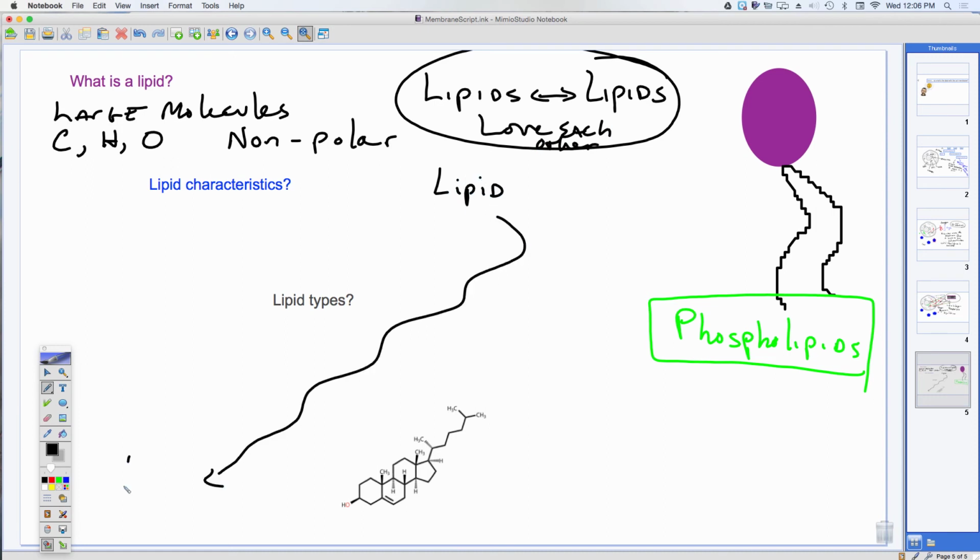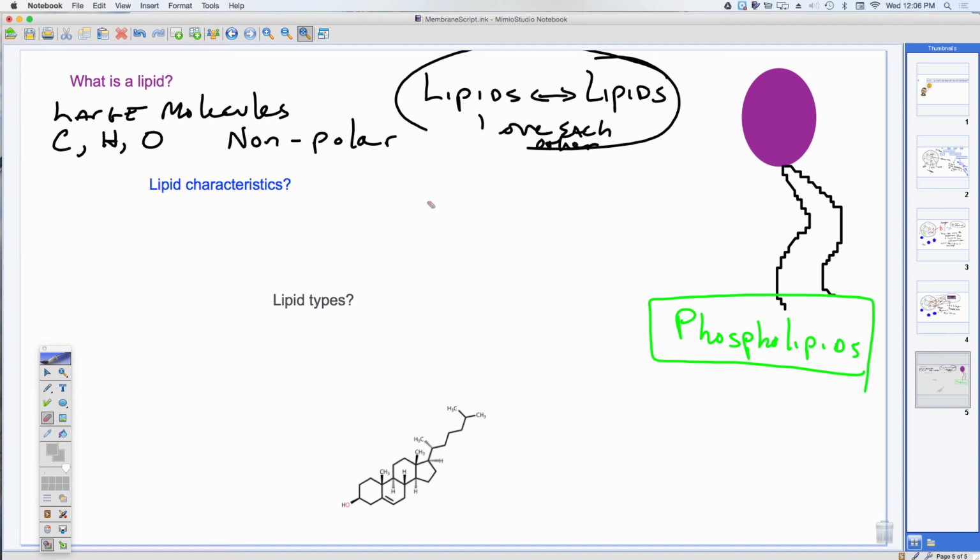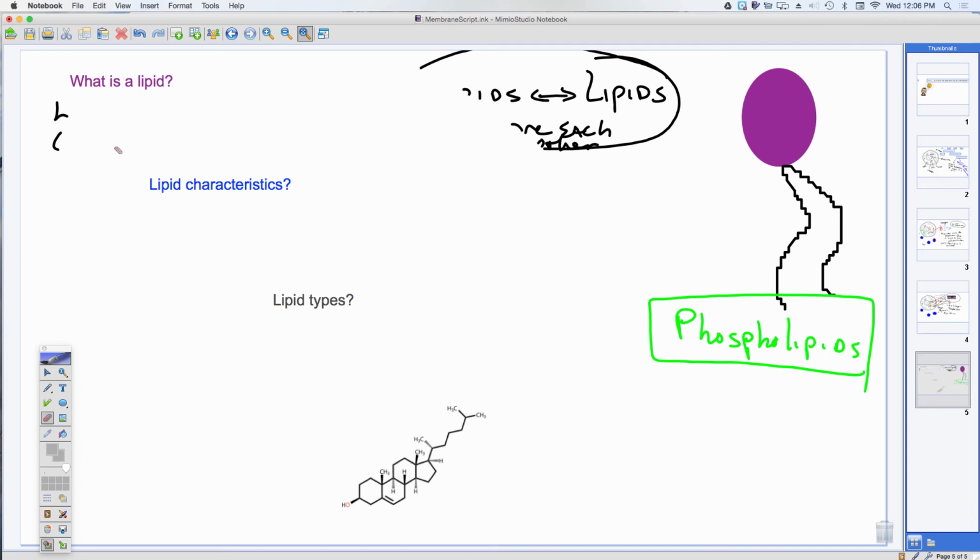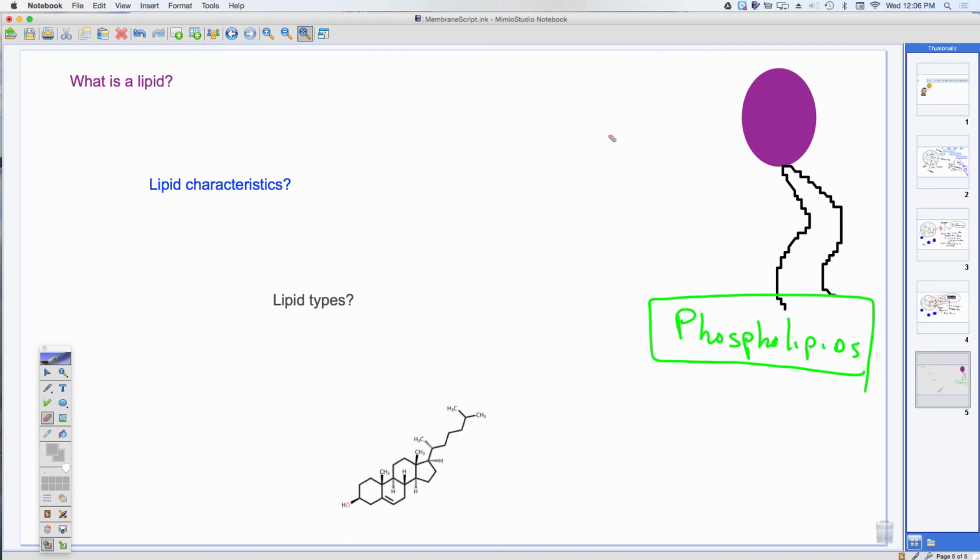But lipids are repelled by water. They don't like each other at all. And that's why water and oil do not mix. So these are large molecules, carbon, hydrogen, and oxygen, and they are nonpolar.